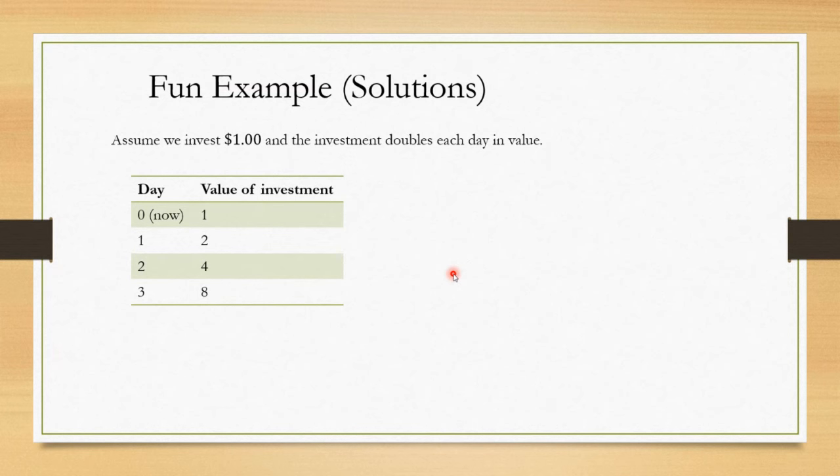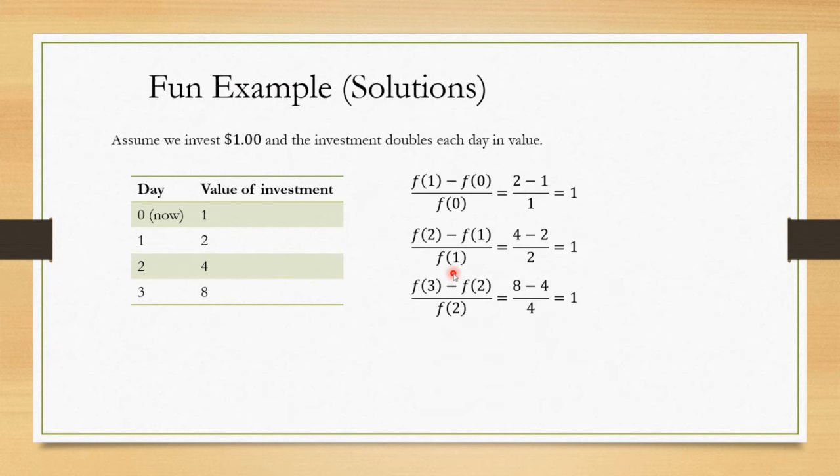But the question is, what is our R? Remember the relative change: F of 1 minus F of 0 divided by F of 0, that's 1. Essentially you're adding on the element itself, so you're adding on 100%. From 2 to 4, you're adding 2 to itself to get 4. You're adding on 100% of 2, and that's how you get F of 2. To get F of 3, you take F of 2 and add on 100% of itself.